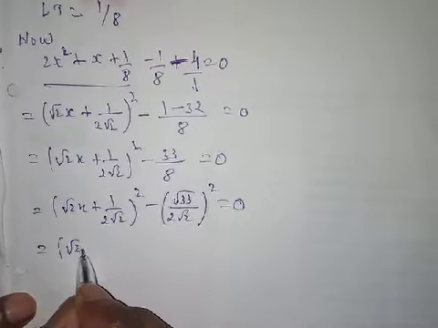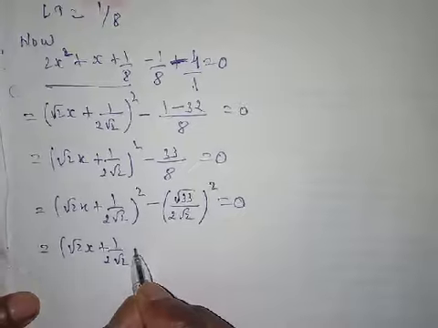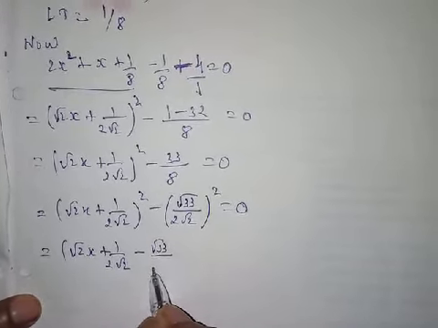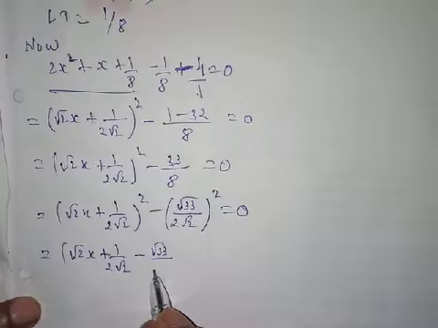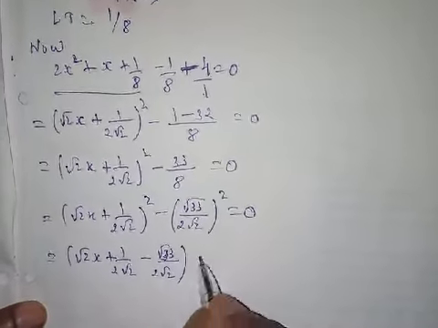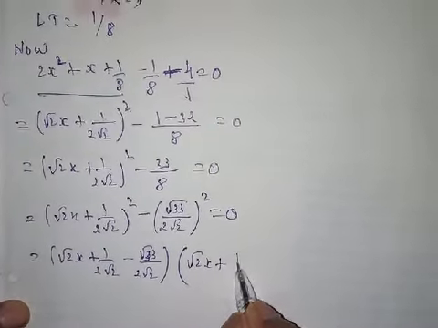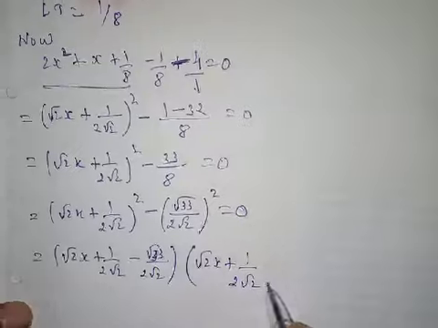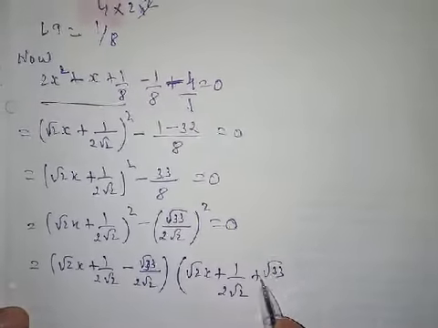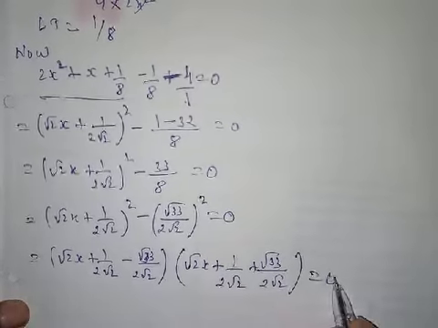So root 2x plus 1 by 2 root 2 minus root 33 by 2 root 2 into root 2x plus 1 upon 2 root 2 plus root 33 upon 2 root 2 is equal to 0.